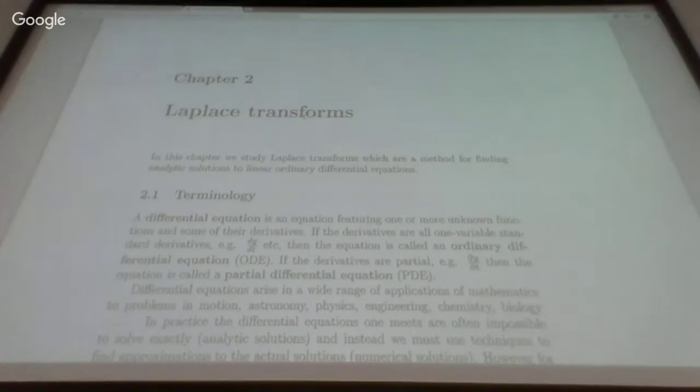Any kind of mathematical model you build of the real physical world, problems in engineering and physics, invariably the description of those problems comes in the form of a differential equation. And the quantities that you're interested in finding out the values of invariably or often are quantities measuring some kind of physical property, and you're interested in their evolution over time.